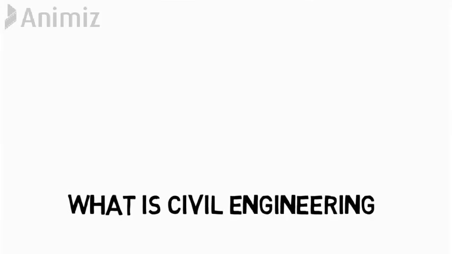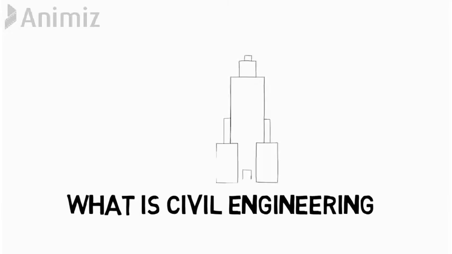Now let us explore and think about what all civil engineers do. Civil engineering is a professional engineering discipline that deals with the design, construction, and maintenance of the physical and naturally built environment, including works like roads, bridges, canals, dams, and buildings and other facilities that are used in our daily life.